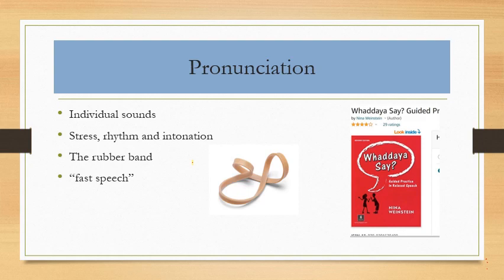We are not. So there's stress, how loudly you say syllables, there's rhythm, and there's intonation of sentences and phrases. One way of working on stress, rhythm, and intonation is with a rubber band. If you listen to something, maybe TV in the other room, where you're not really worrying about exactly the meaning, but just the sounds, you can move the rubber band as the sounds change. That gives you stress, rhythm, and intonation.